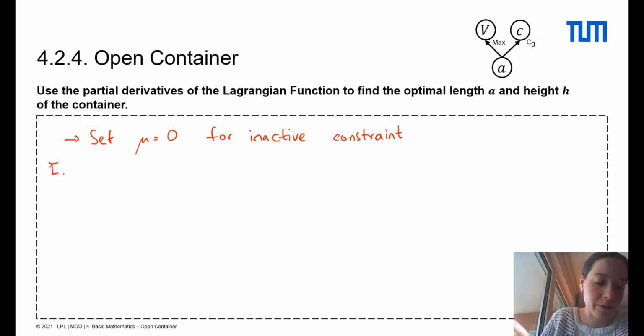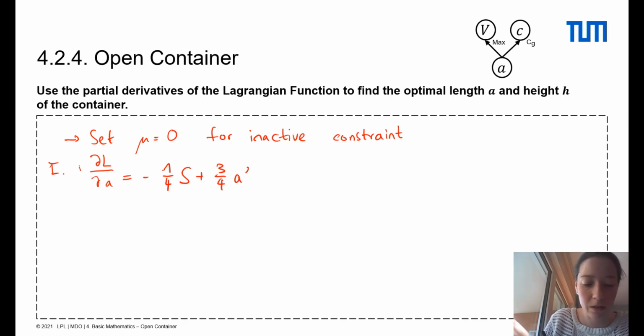So we are only left with dl over dA for mu equals 0, so that's plus 3/4 times h squared.